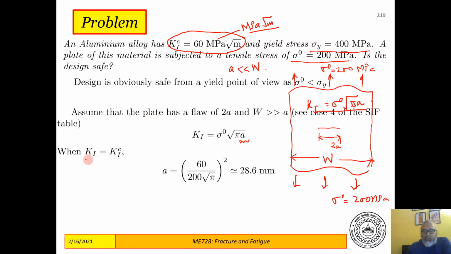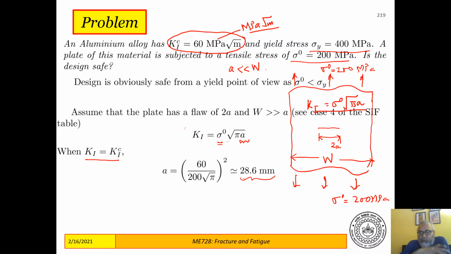So K1 has to be equal to K1C, and what is the a when K1 is equal to K1C, given that sigma naught is 200 MPa. So if you do that, you get 28.6 millimeter. a is equal to 28.6 millimeter. 2a therefore is 2 into this, that is like 57.2 millimeters is the crack length.